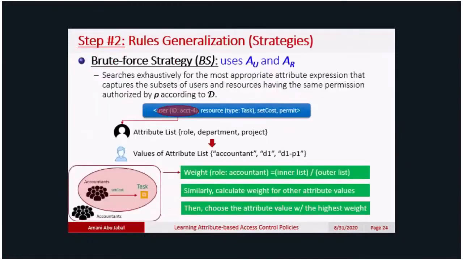The second step has 2 strategies: brute force strategy, which uses attributes of users and resources to find the attribute expression that has the highest safety level to perform the generalization. So it searches exhaustively for the most appropriate attribute expression that captures the subsets of users and resources having the same permission authorized by the rule to be investigated and according to the decision example dataset.